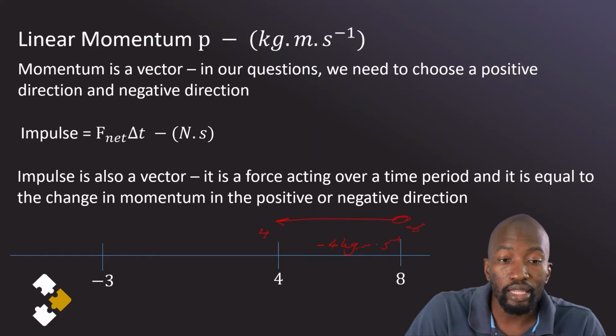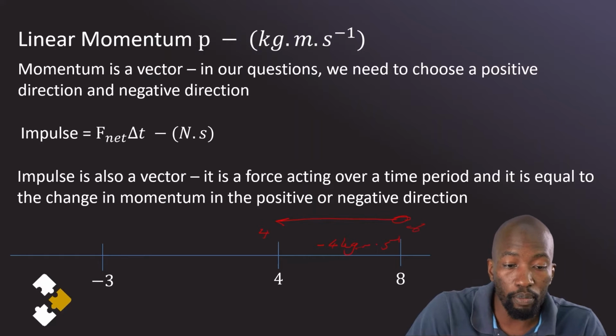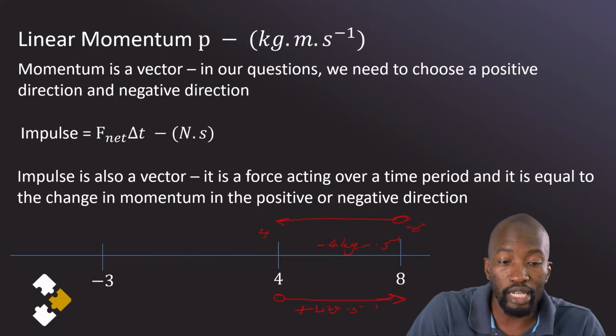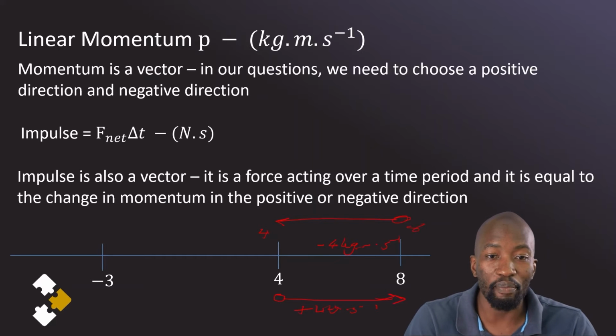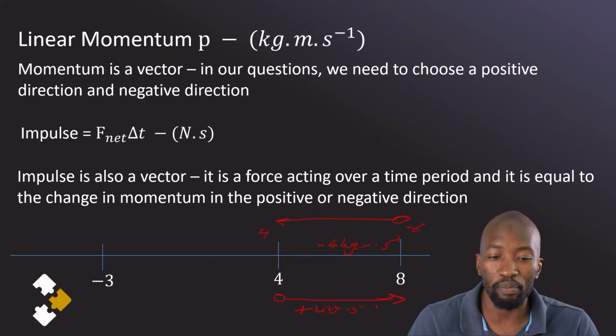That is the change in momentum. If we were going to the right, we would have a positive 4 kilogram meter per second, and this shows you that it will be positive because of the direction. That is the impulse. Remember, it's the change in momentum.